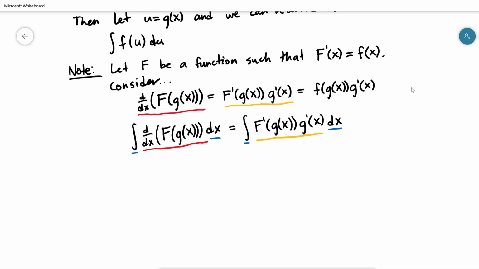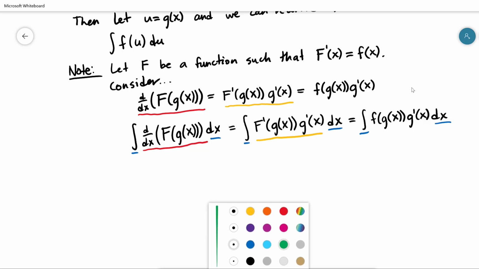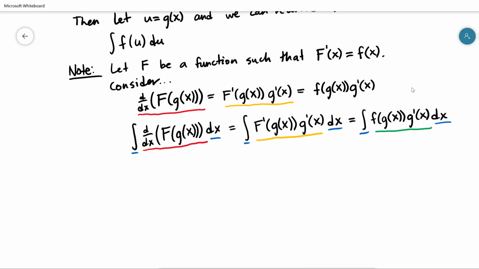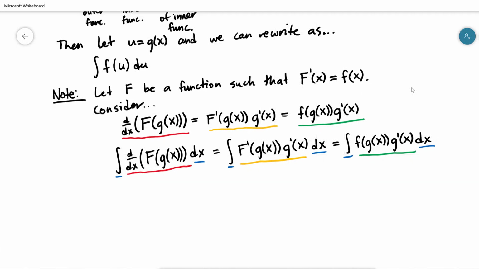And at the end of the day, what does that give me? Doing now, call it the green part here in a minute. That's just f of g of x, g prime of x dx. Where again, blue parts, we're just integrating something that is now, let's make it green, this part, which is the same as this part. So I have this expression. This piece is the thing that we are trying to compute over here, but at the end of the day, looking back at it, it's just the same as this. What happens when you take the integral of a derivative?